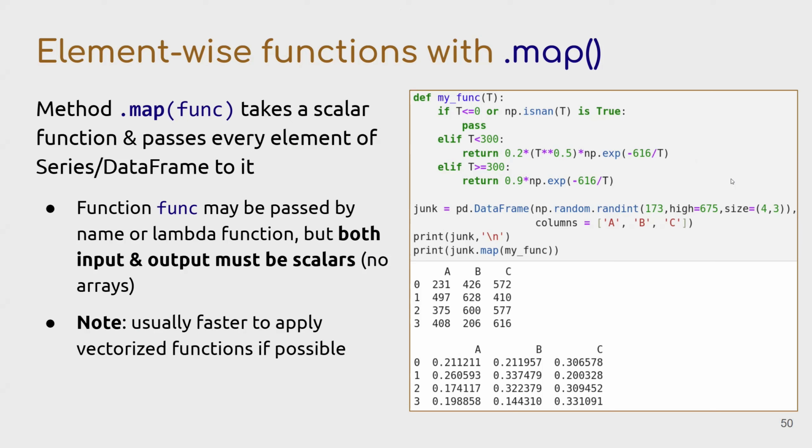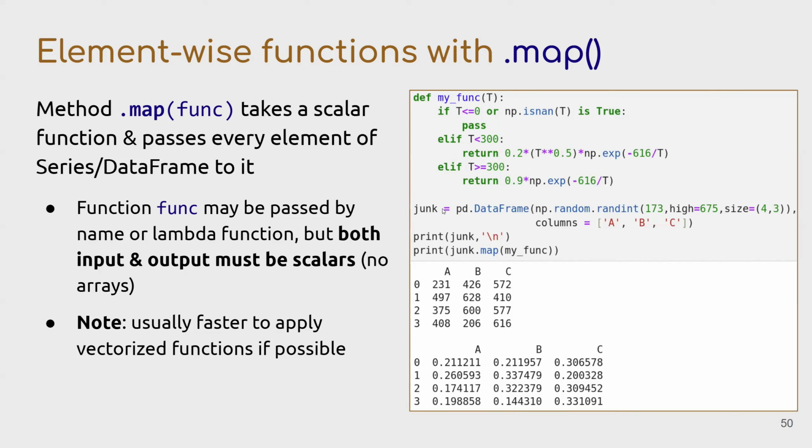This isn't a real function, it's just made to look like one. It evaluates differently depending on whether the temperature is less than or equal to 0, which is unrealistic, less than 300 but greater than 0, returning one value, and if the temperature is greater than or equal to 300, it returns a different value.